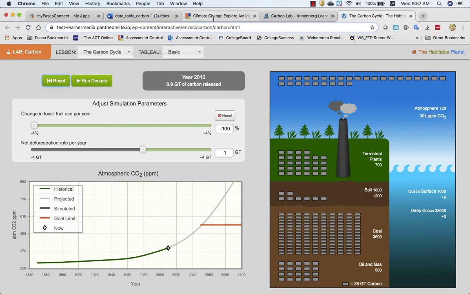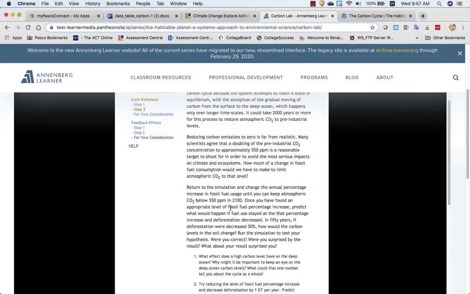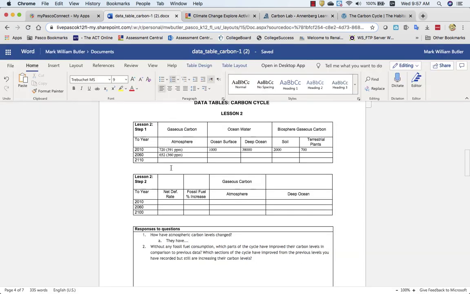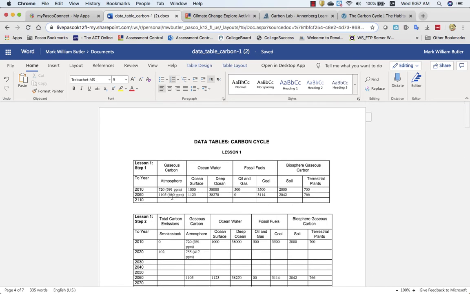Let's read the directions again. By 2100, we want our carbon dioxide values to be below 550. Well, we know that at 2.5%, we were already above that by 2060, in 50 years, not even 100 years. So we know it's going to be below the regular 2.5%.